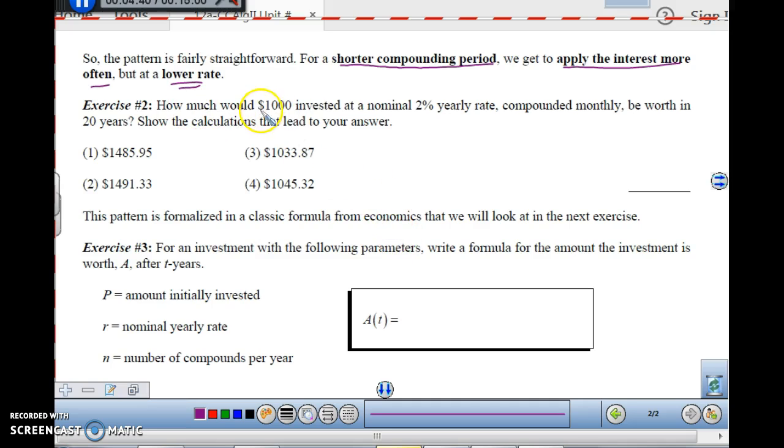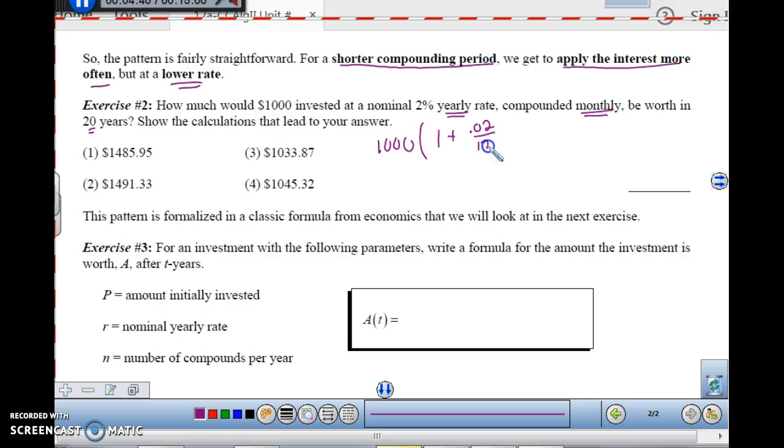All right, so how much would $1,000 invested at a nominal 2% yearly rate, compounded monthly, be worth in 20 years? Okay, so let's think about this. You're starting with $1,000. Okay, so you would have 100% plus 0.02 for 2% per year, but if it's yearly and you want to compound it monthly, what would you divide it by?